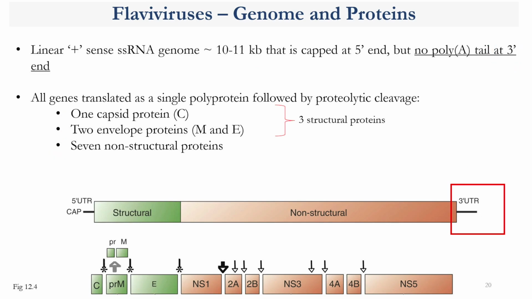So again, another thing you'll notice is here's a cap, here's the 5' untranslated region, and here's the 3' untranslated region. But notice that there is no poly A tail. And again, these structural proteins, all these sites that you see, this is where different proteases and proteinases will cleave the polyprotein, okay?